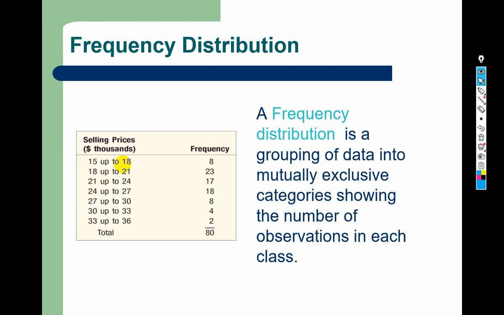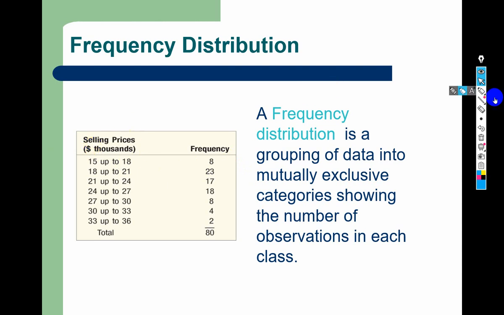Like in car type, you have only 2, just count how many cars in type 1 and how many cars in type 2. But for the quantitative data, like selling prices, because you have many values, we cannot count each value, but what we can do, the other way, we can put the data in some classes or groups, and you count how many values you have inside that group.